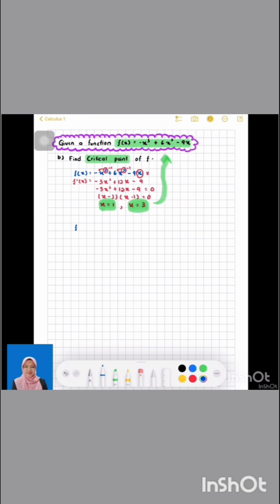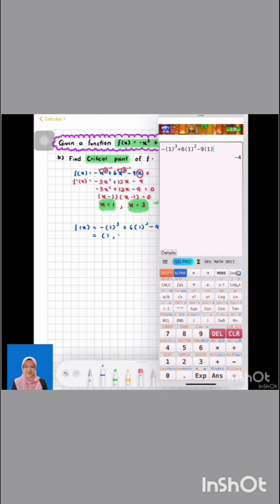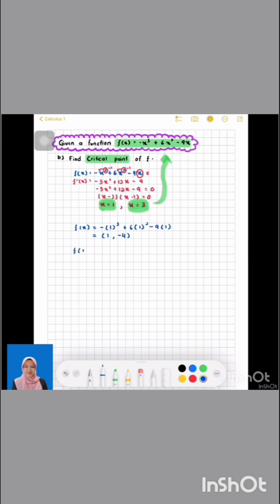Enter x into the function: negative 1 power 3 plus 6(1) power 2 minus 9(1). So we can get negative 4. For the second x, negative 3 power 3 plus 6(3) power 2 minus 9(3).